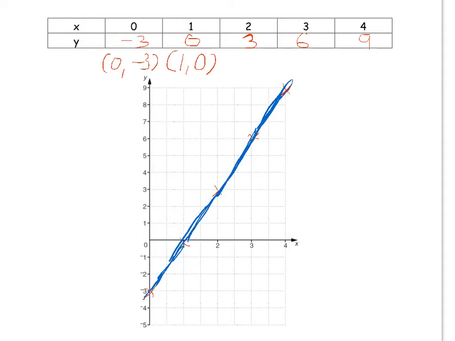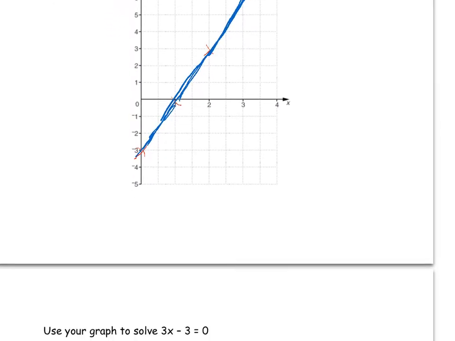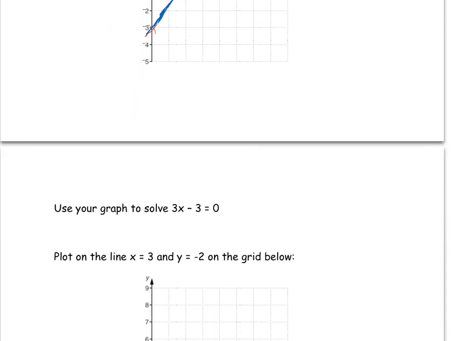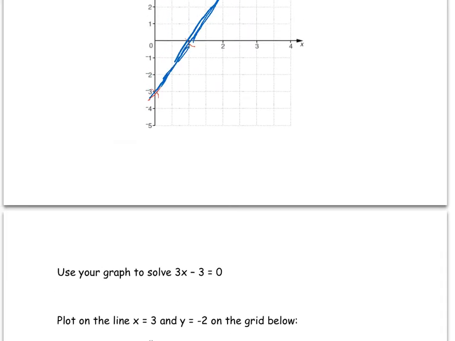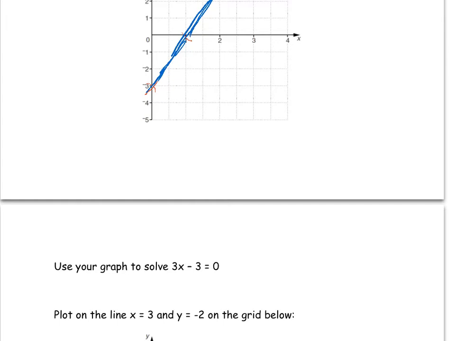Right, next part. So use your graph to solve 3x minus 3 equals 0. So what this means is we're looking for the situation where the y coordinate is 0. And the only place where the y coordinate is 0 is along the x-axis.